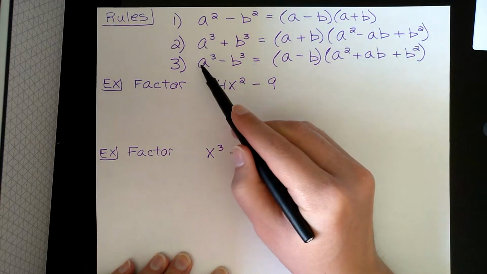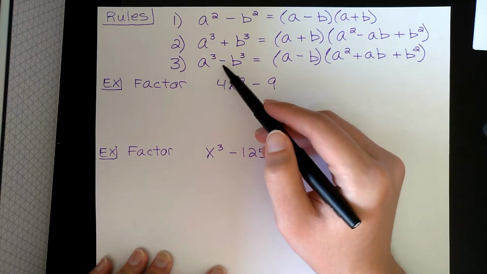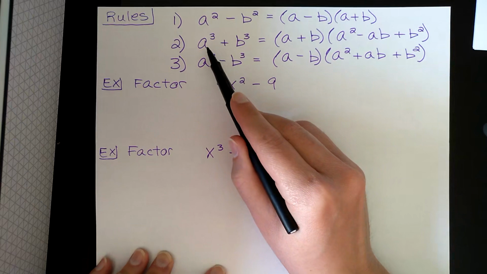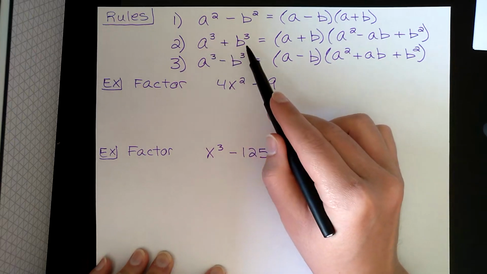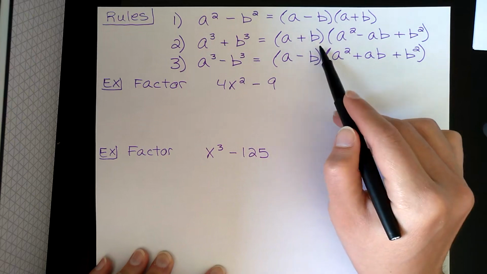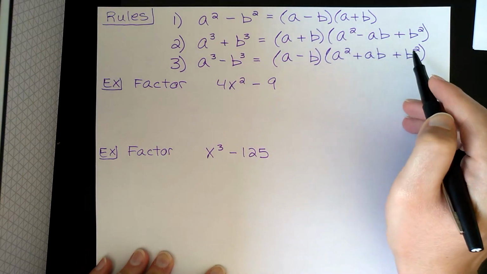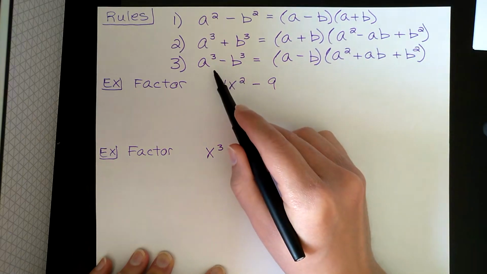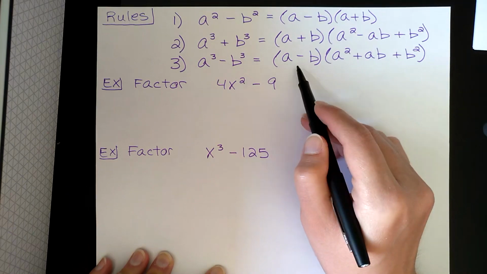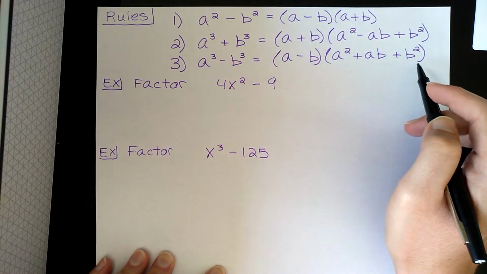The second and third cases are not as common, but still very useful. The first case is the addition of cubes formula. So a cubed plus b cubed gives us a plus b times a squared minus ab plus b squared. And the difference of cubes formula gives us a minus b times a squared plus ab plus b squared.